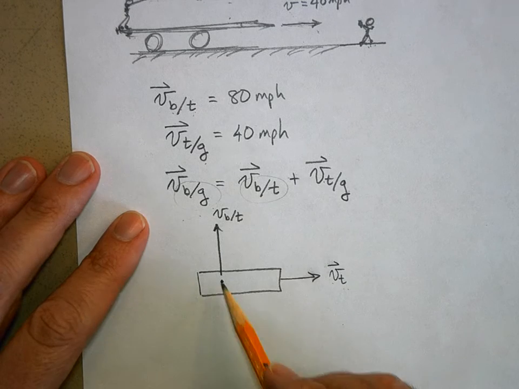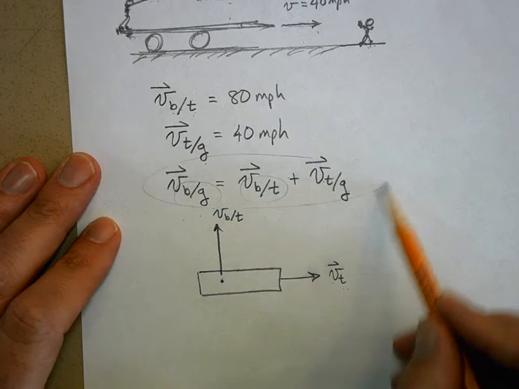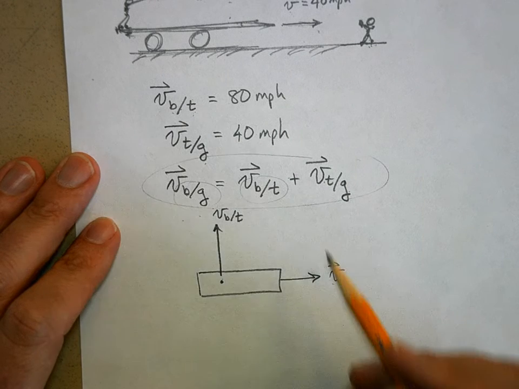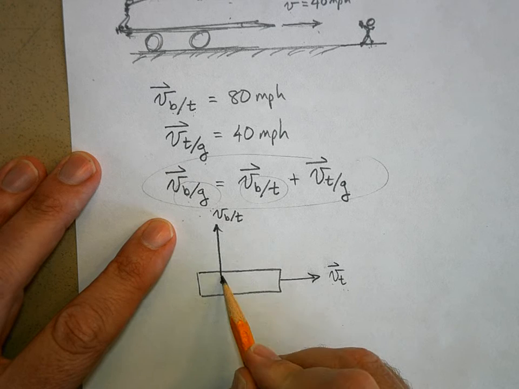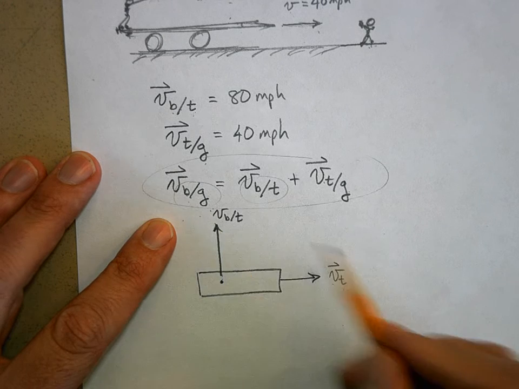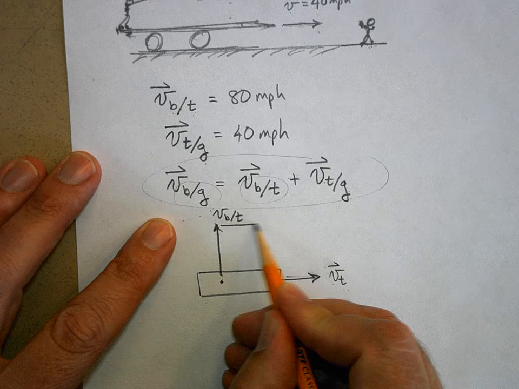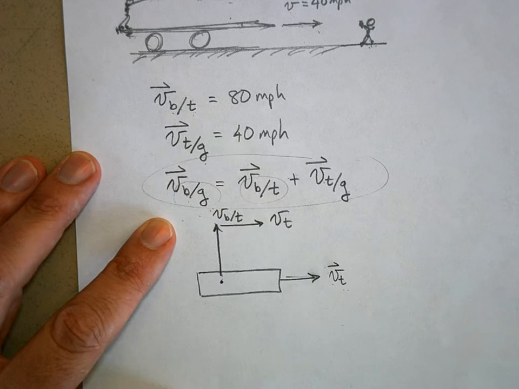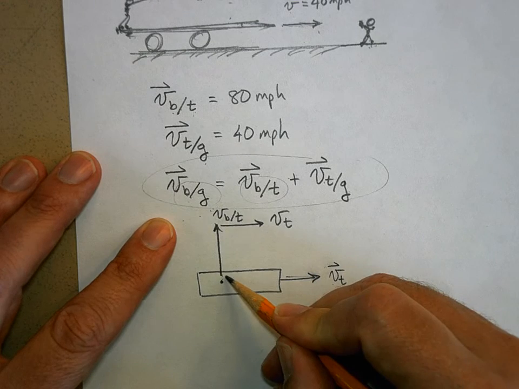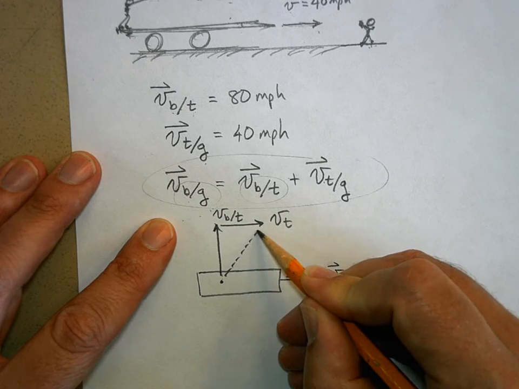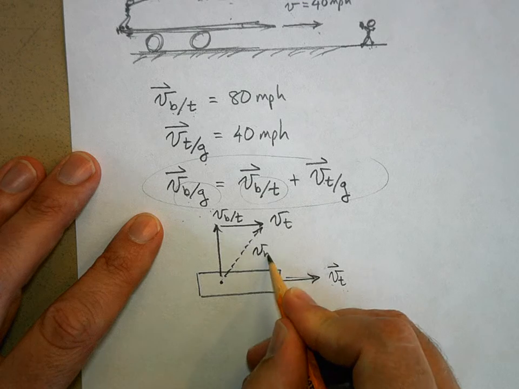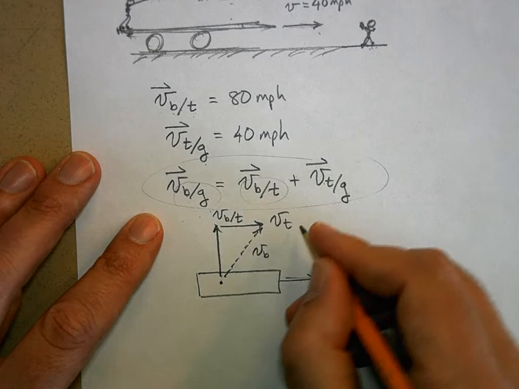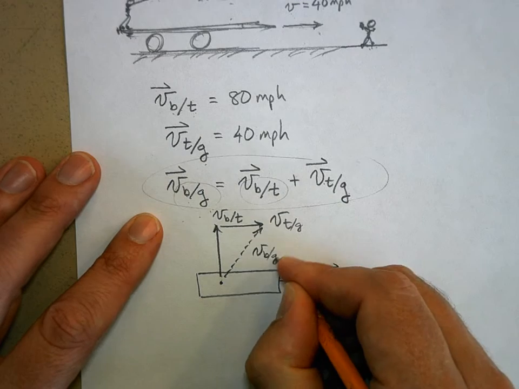Well, this equation tells me the velocity of the ball compared to the ground is going to be the velocity of the ball compared to the train plus the velocity of the train. So the ball is actually doing this compared to the ground. Here's the velocity of the ball, and I can put compared to the ground.